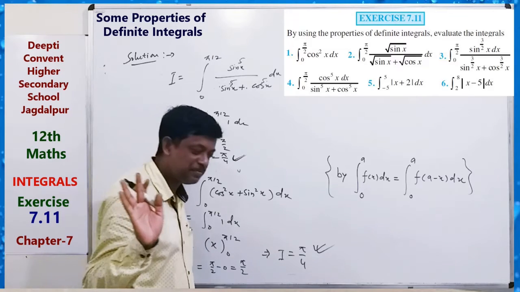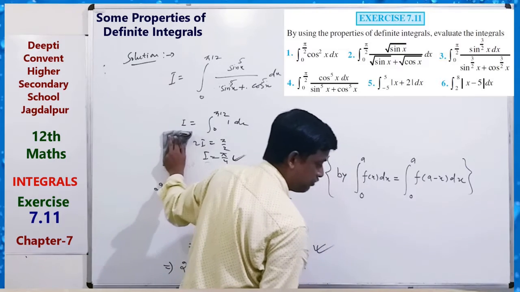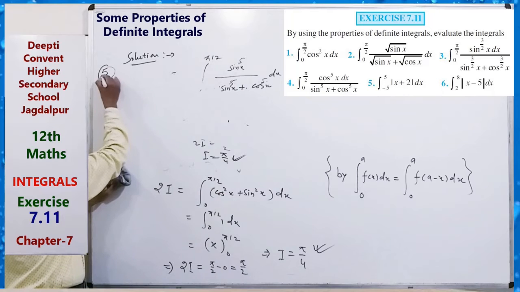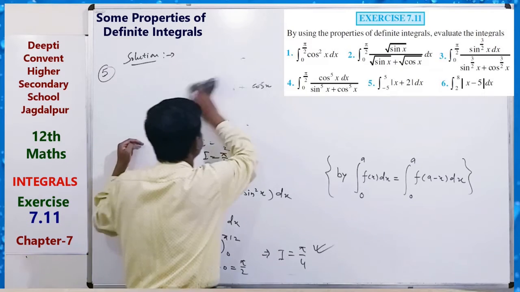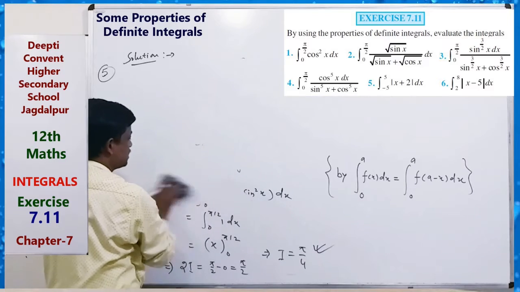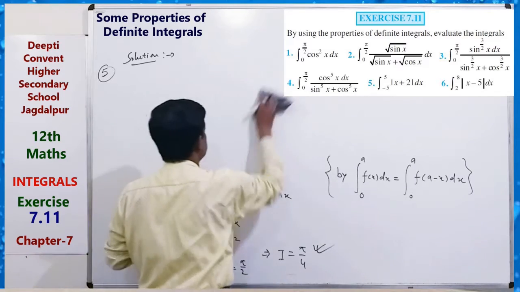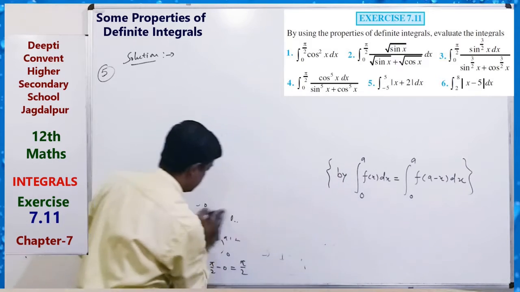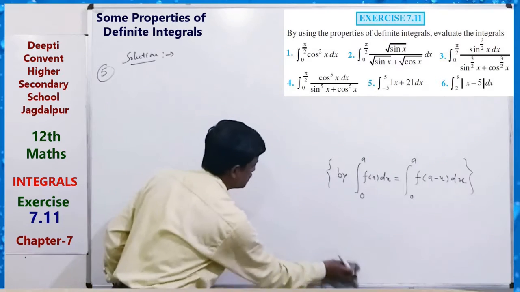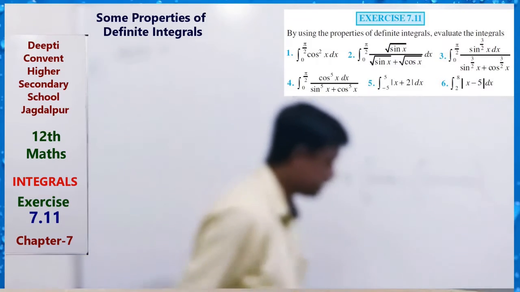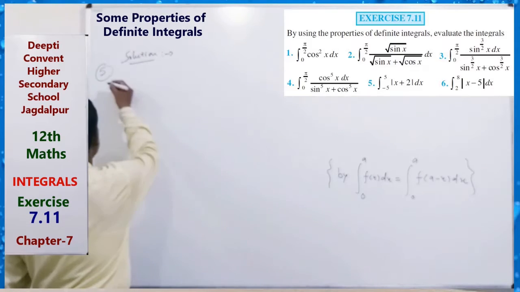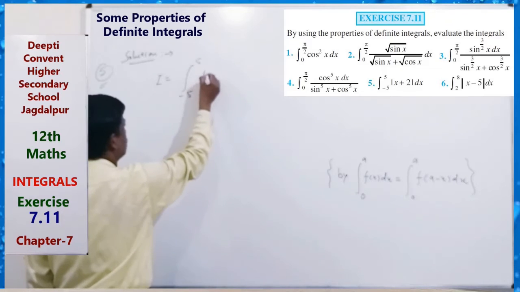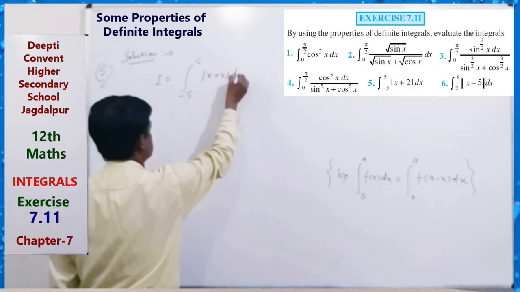Very simple. Okay. Now, question 5, the integral from minus 5 to 5 of mod x plus 2. Okay, this is a different type of question. It is the modulus value. I equals the integral from minus 5 to 5 of mod(x plus 2) dx.